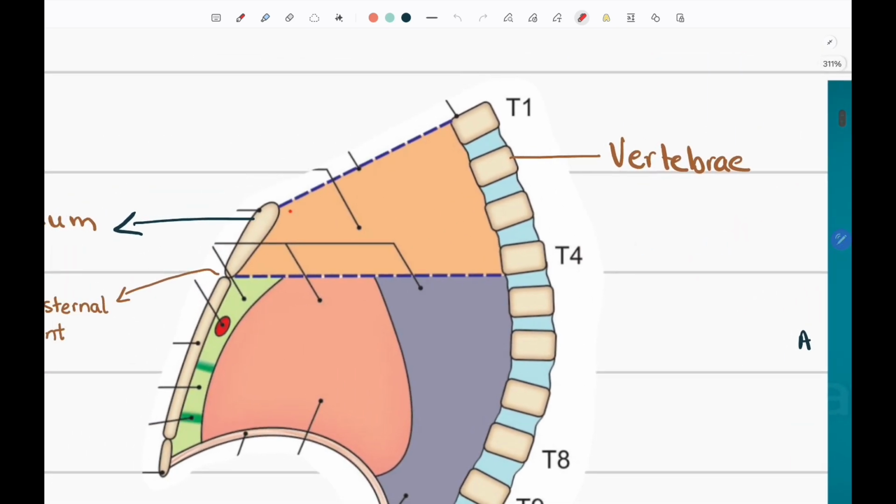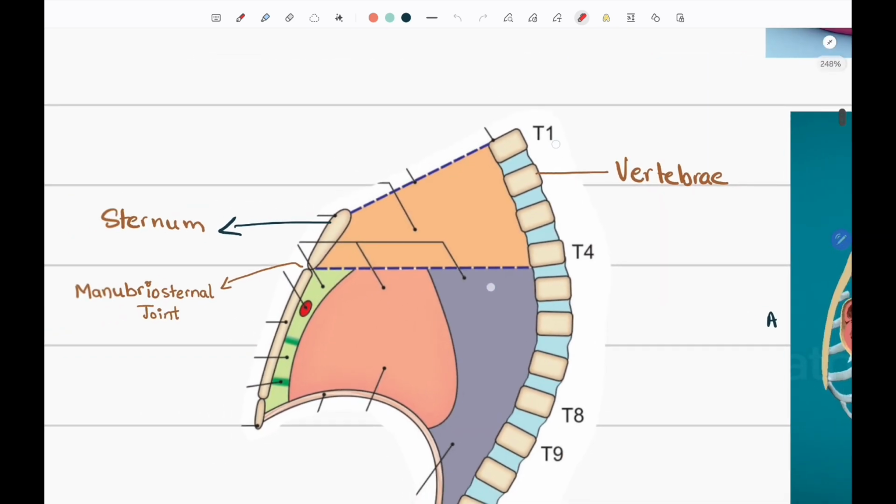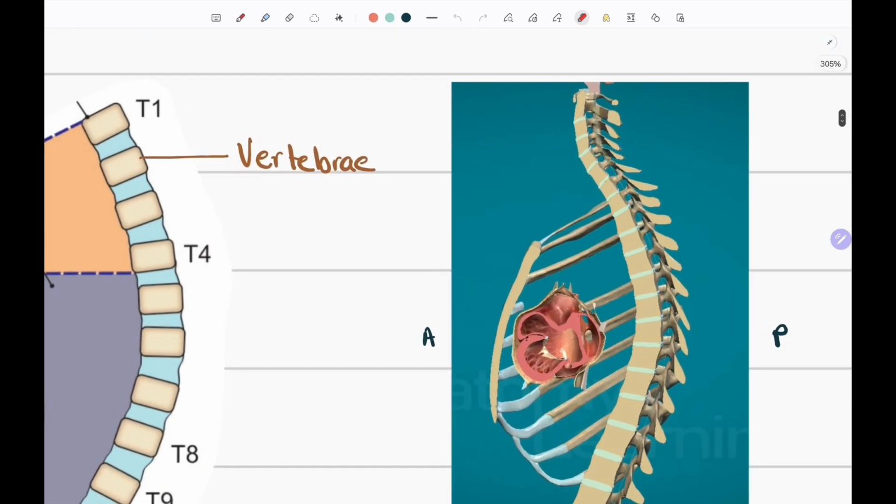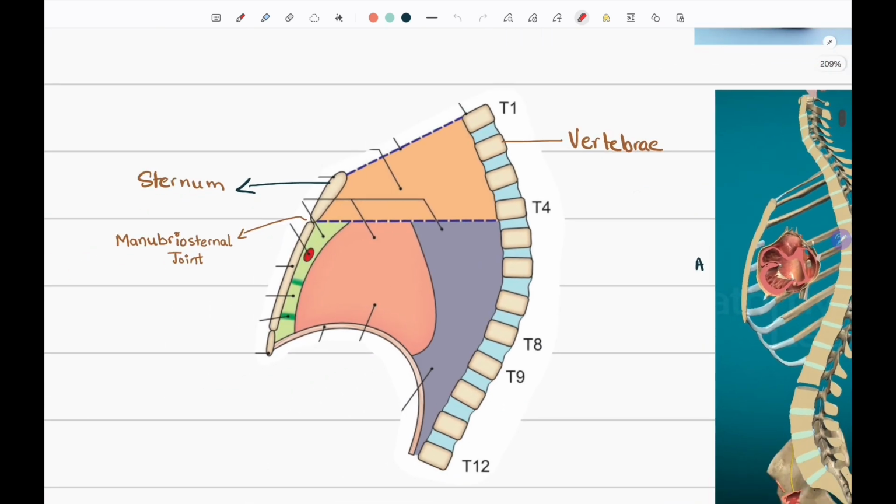The upper boundary of the superior mediastinum is our thoracic inlet, and the lower boundary of the superior mediastinum corresponds to an imaginary line joining the sternal angle and the lower border of the fourth thoracic vertebra. Here is the sternal angle, with an imaginary line joining the fourth thoracic vertebra.